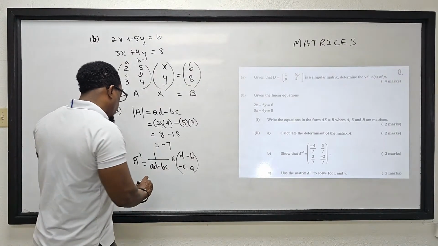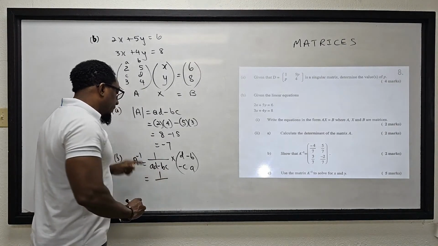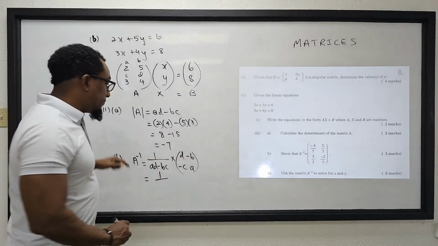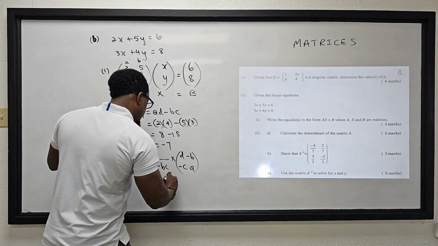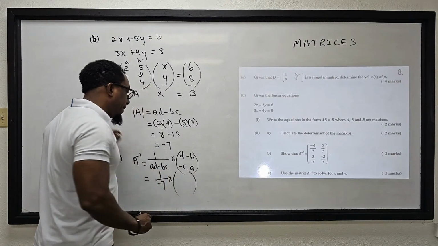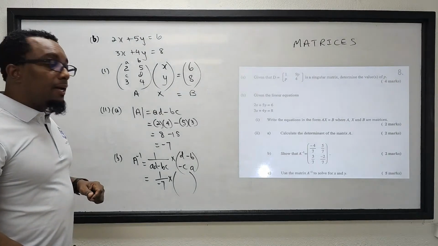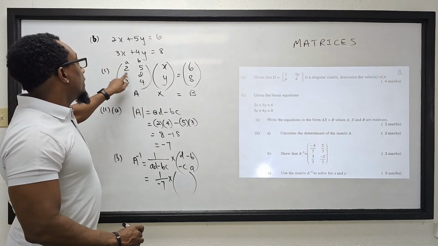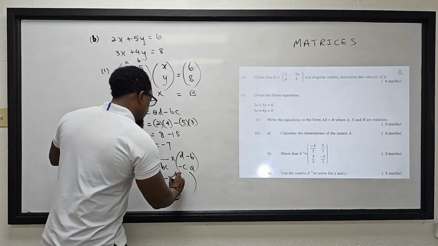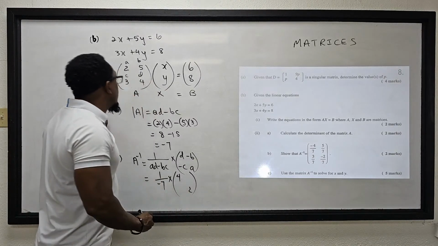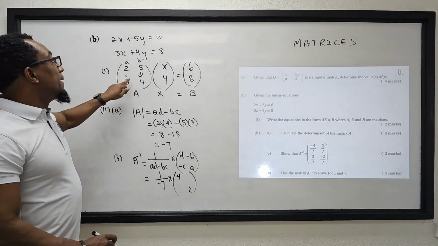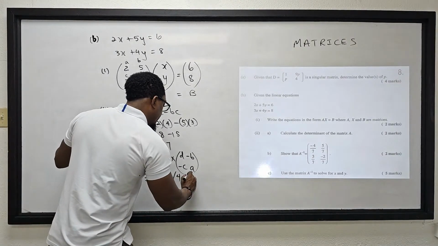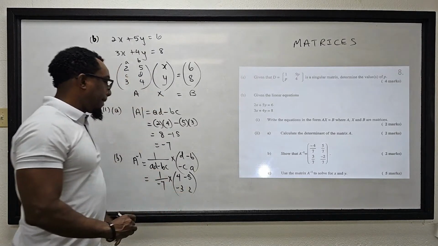So this will be 1 all over the determinant, which is negative 7, times the adjoint, which is to interchange A and D, giving 4 and 2, and we change the signs of B and C, negative 5, negative 3.